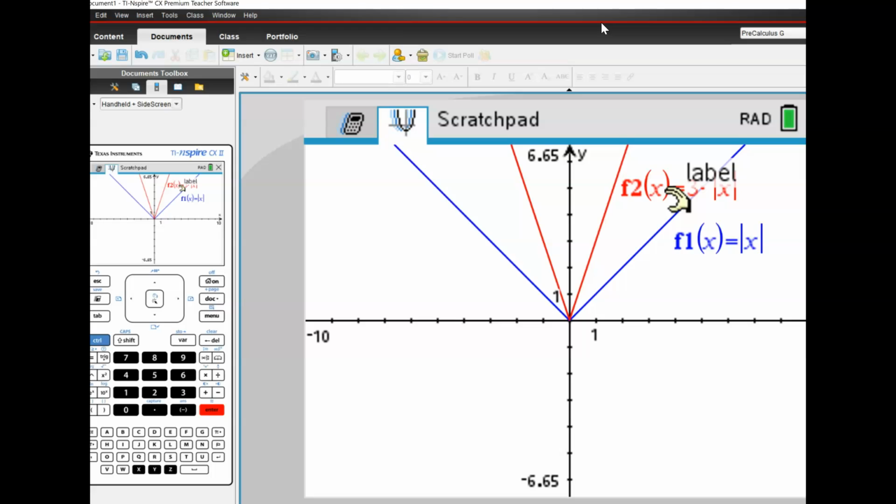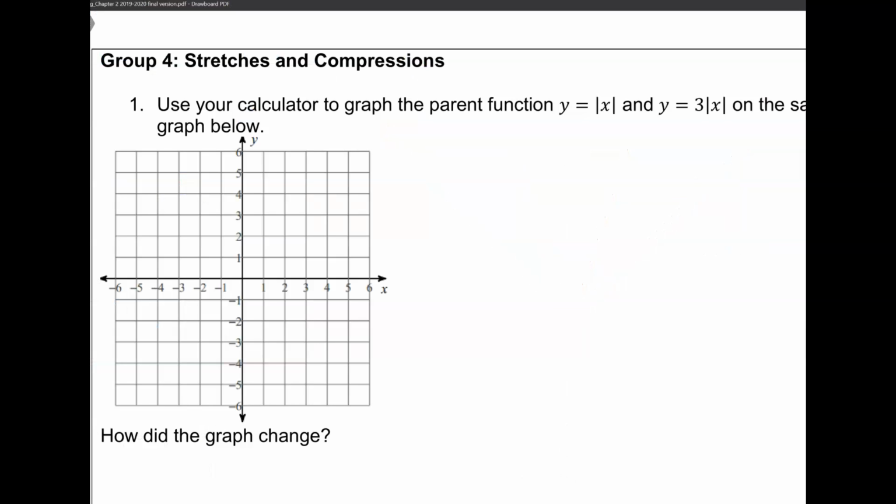So notice what's happening if I have a 3 in front being multiplied by my absolute value. It gets skinnier. We talked about this the first time we graphed absolute value. I'm taking absolute value, which has a slope of 1. And this one I do want you to be more precise.